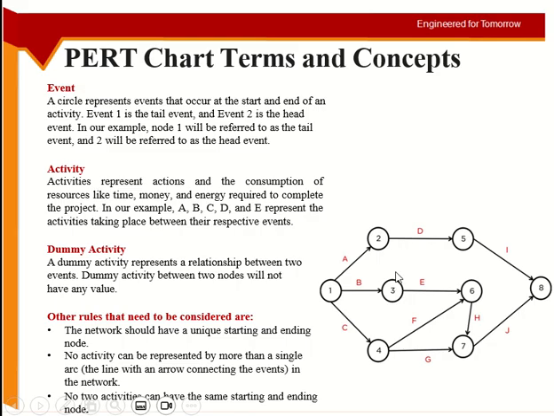And multiple arrows can go to the same event if the activities are interconnected. So this one, for example, is showing that the start event of H depends upon E and F both.